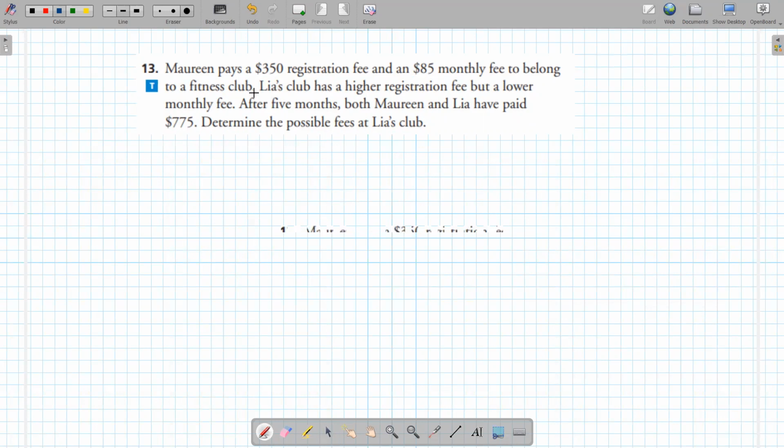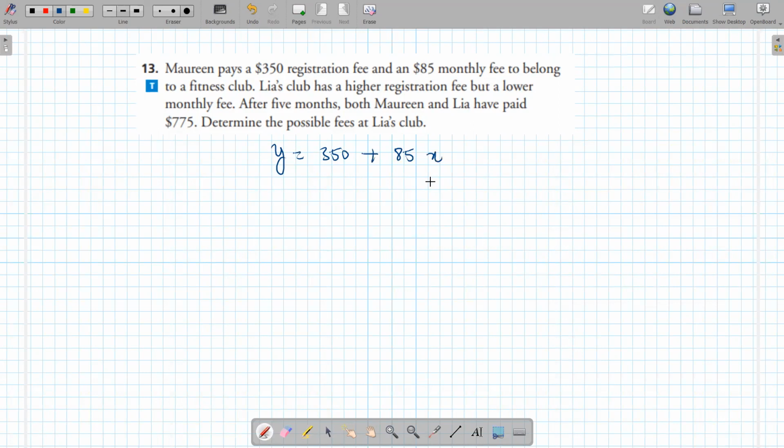Which one is the constant and which one is the variable here? The constant is the registration fee. Yeah, so that's a constant. You have to pay this regardless. And your variable here is X, the number of months, okay, that you go to the gym for.